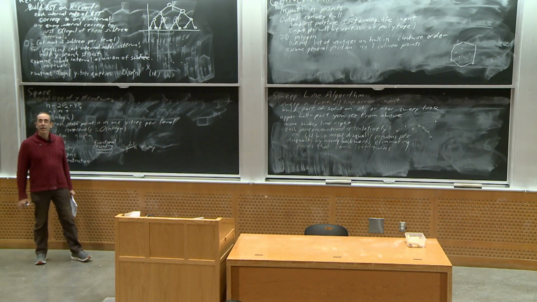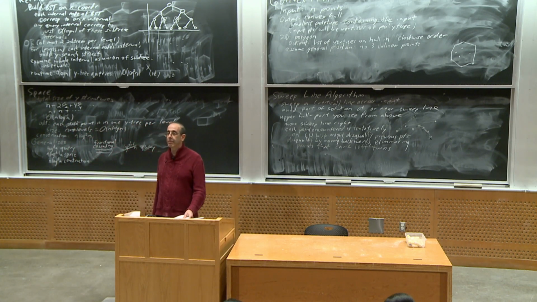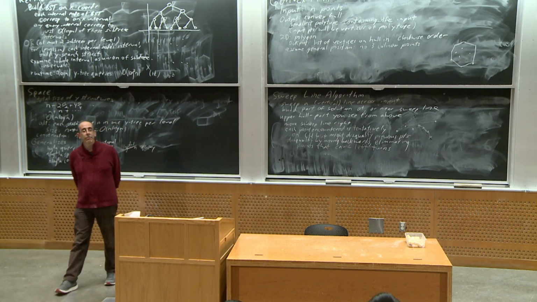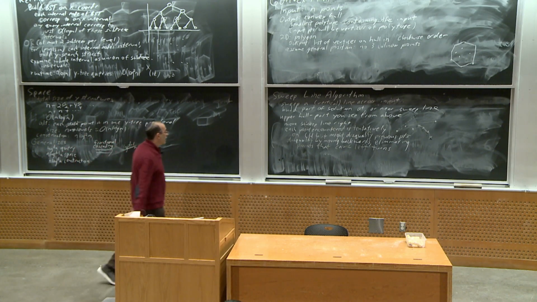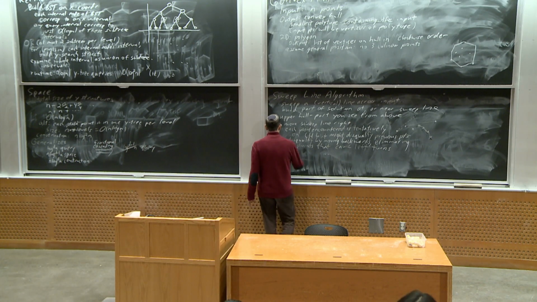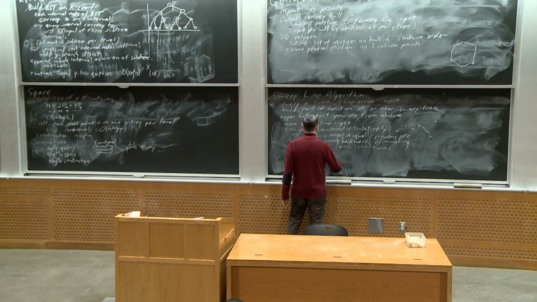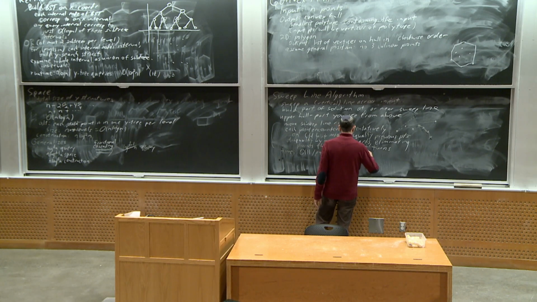So what's the time taken for all of this? Yeah? Should it be linear because each point gets added once and eliminated at most once? Exactly. So the time taken here is order 1 per point added, which gives us order n.